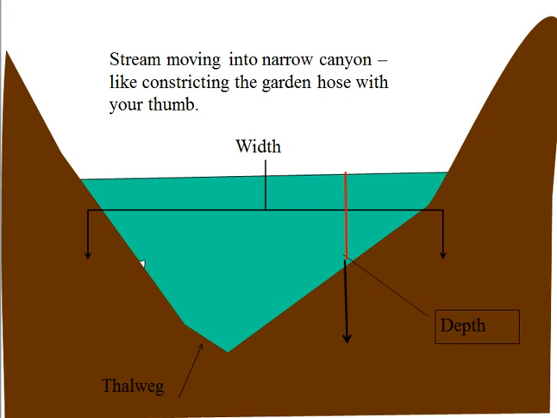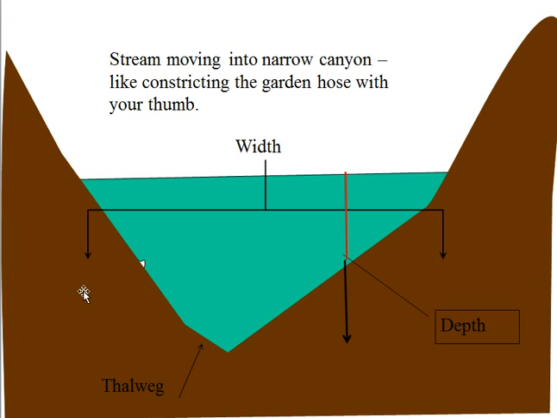So you can imagine, my water did not completely fill my canyon, but we're going to ignore that. If you have a stream moving from the image a couple slides back into a much more narrow canyon, it's like constricting your garden hose with your thumb. You still have the same amount of water coming through the hose, but you've constrained the pipe that the water's coming through.